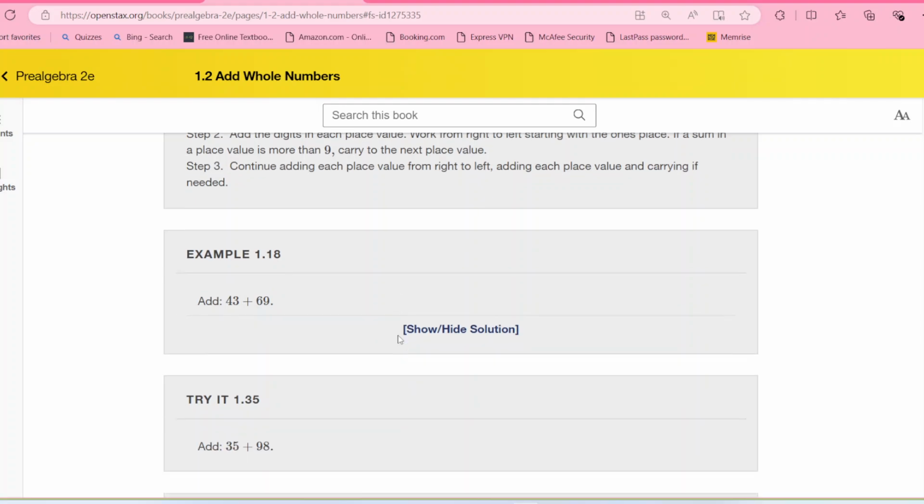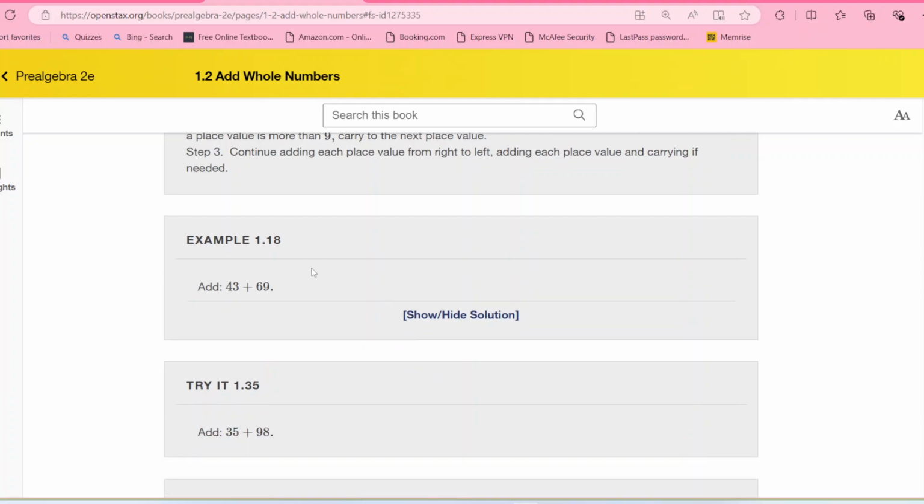All right, so just one more time, I'm going to bring back modeling. All right, so with the blocks, and this will be the last time I model. And then the rest of the addition we'll do for this video is going to be without modeling, with the carrying procedure if we need to.